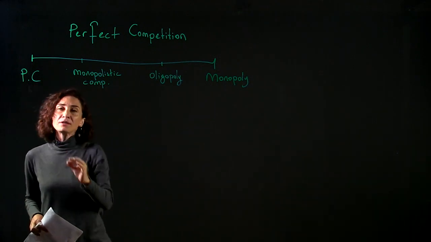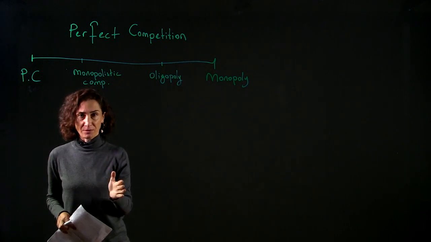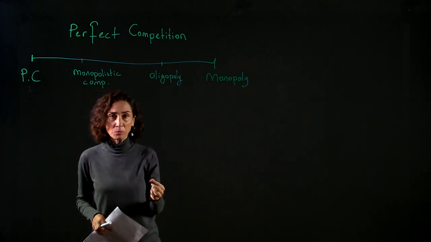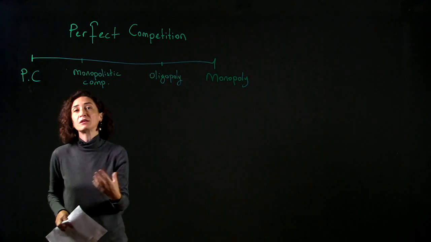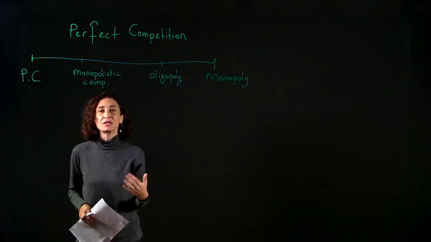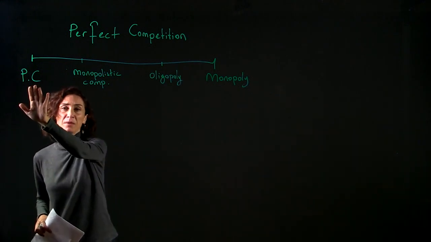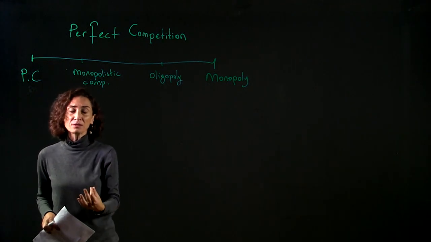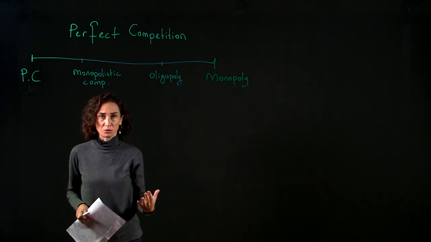So what types of markets do we call perfectly competitive? This is where we are starting. And as you'll see in a moment, the assumptions we make to define a market as perfectly competitive are highly restrictive. Okay? What do I mean by restrictive? These assumptions are really hard to find in the real world.